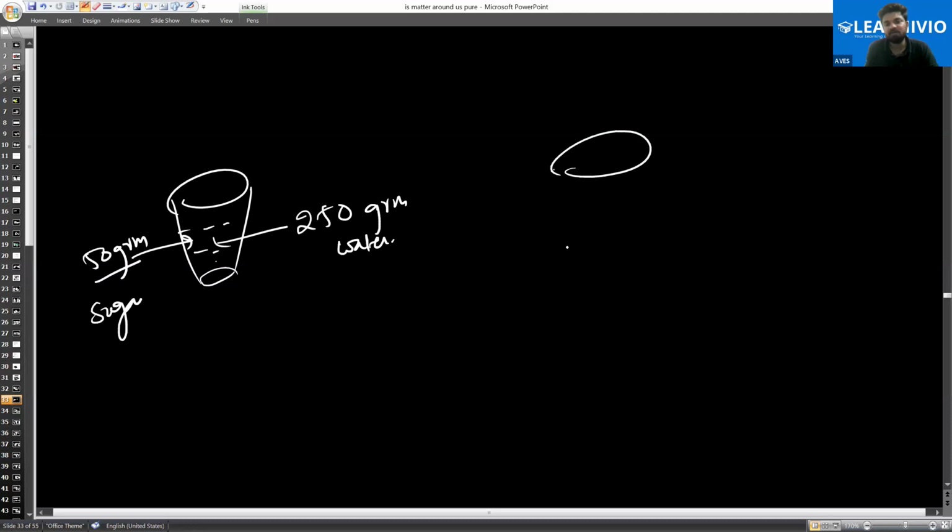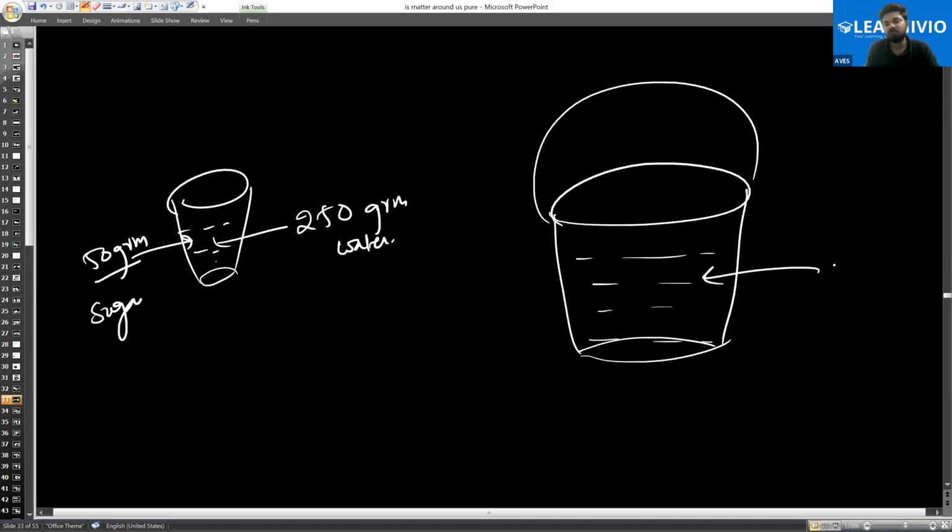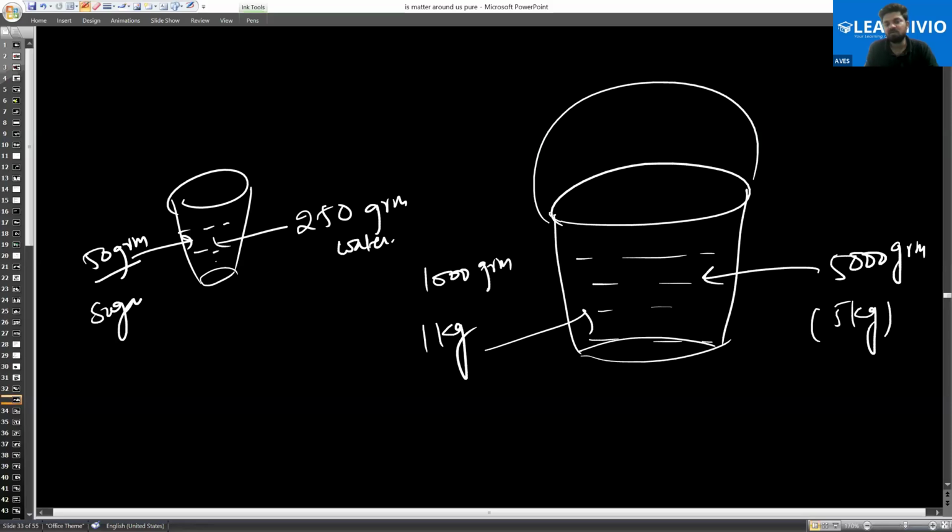Now another, you have a bucket, and in that bucket you have 5,000 grams of water. 5,000 grams is 5 kg of water, and you added 1 kg of sugar to it. 1 kg means 1,000 grams.